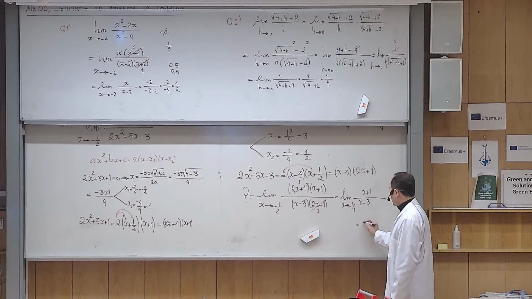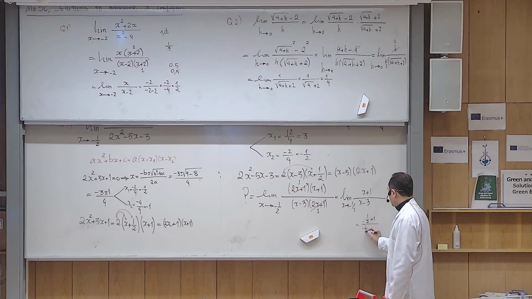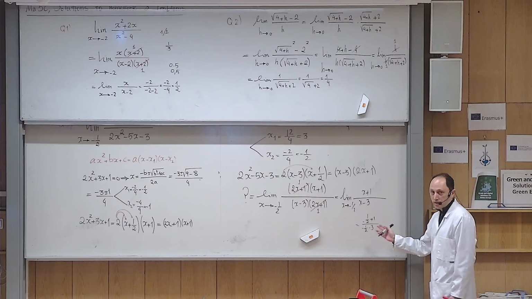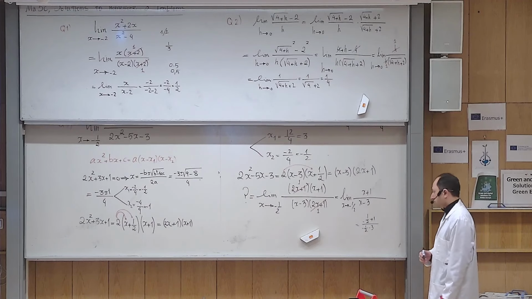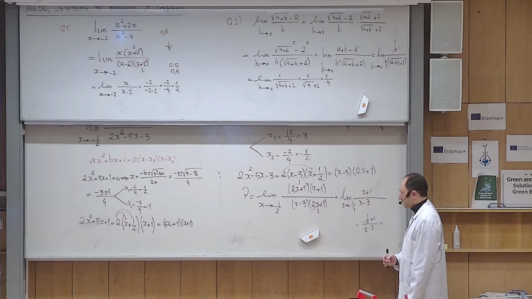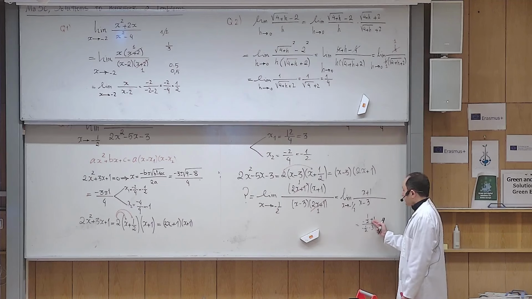So it becomes minus 1/2 plus 1 over minus 1/2 minus 3. And for this level of numbers, a calculator will not be available. So even in the national exam, you have to know. For me, it's better to multiply everything by 2 to get rid of fractions. There is only one expression, so I multiply the numerator and denominator by 2.